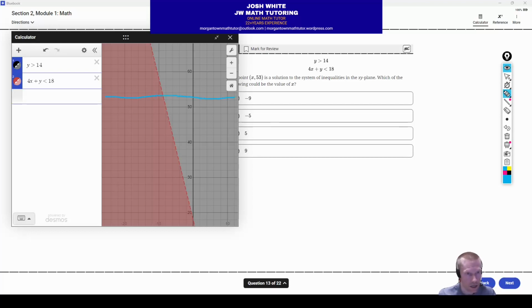If you look down here at the different values, positive 5 and positive 9 are going to be over here. Clearly not in the solution set. Negative 5 would be somewhere around here. Again, clearly not in the solution set. Negative 9, yes, clearly is in the solution set. So we can also get the solution in Desmos, again letter A, it's going to be negative 9.